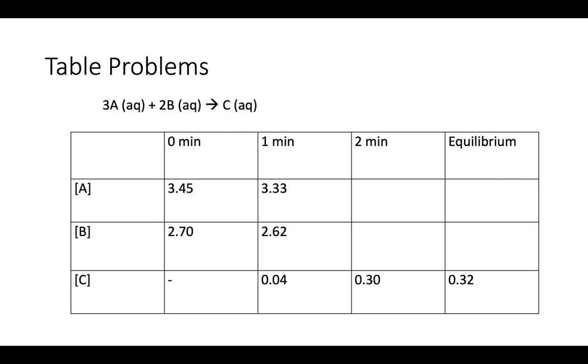Another way to indicate that you're at equilibrium is how I did it here, by just telling you this is going to be equilibrium. The third way is that they could not tell you at all where equilibrium is. You just have multiple different time intervals. And typically, if they give you no indication as to where equilibrium is, you just assume that the final experiment or the final time point is equilibrium. Okay?